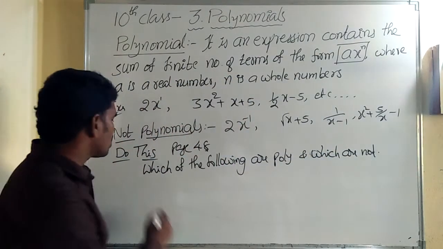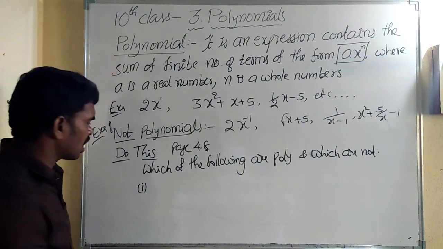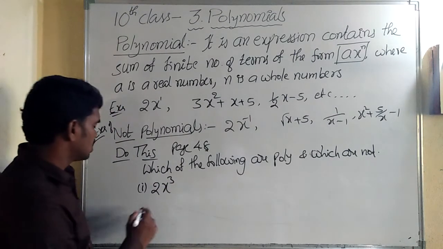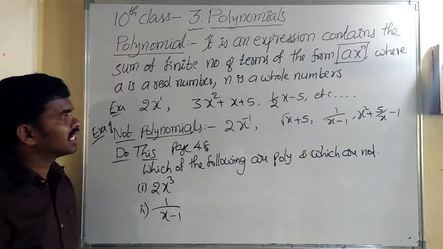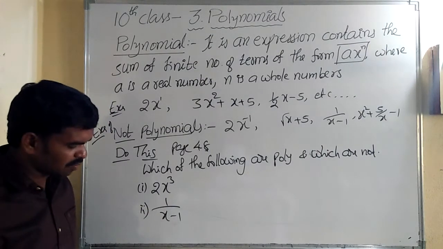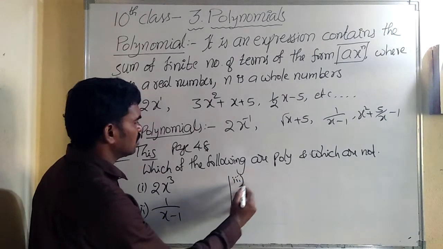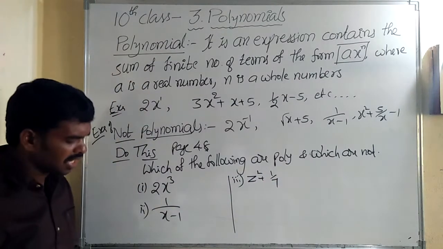So the first one: I give you a question, you just tell me whether it is a polynomial or not. 2x cube, is it a polynomial or not? Say yes or no. And 1 by x minus 1; in the examples also it is there. And the third question, z square plus 1 by 7.